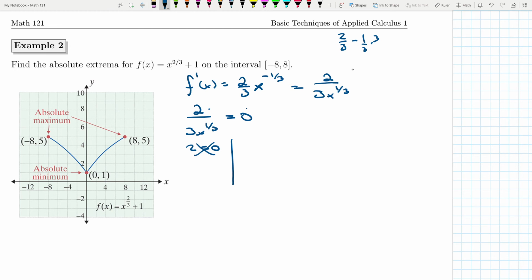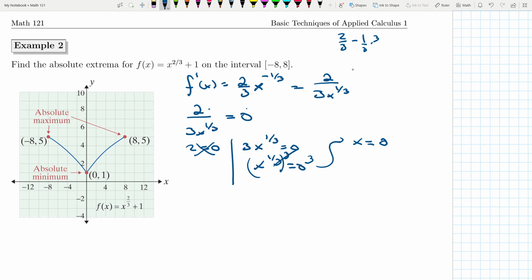The only one that we set is the denominator, 3x to the 1/3, equal to 0, and x equals 0 when we divide both sides by 3 and cube both sides. All right, so that's the only critical value.